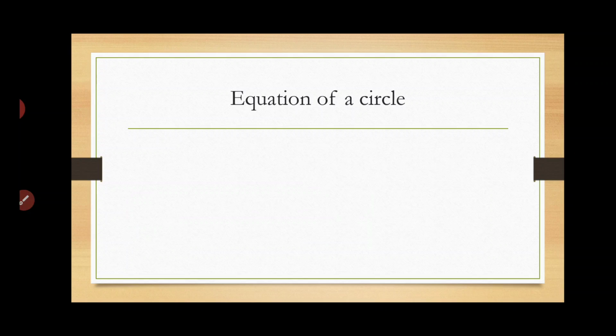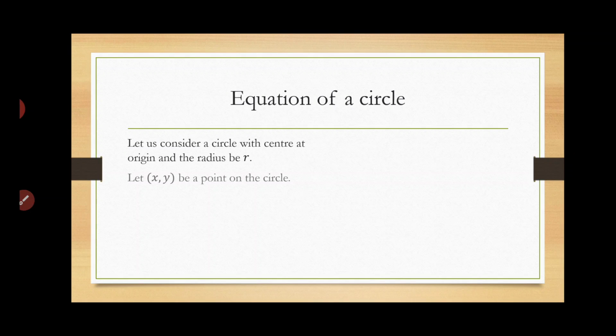So the first type that we are going to talk about is where we know the center of the circle and we know the radius of the circle. If these two data are given, then how to establish the equation of a circle? Let x comma y be any point on the circle.